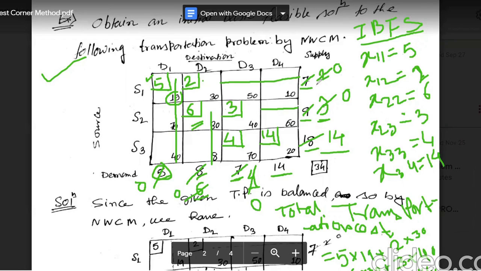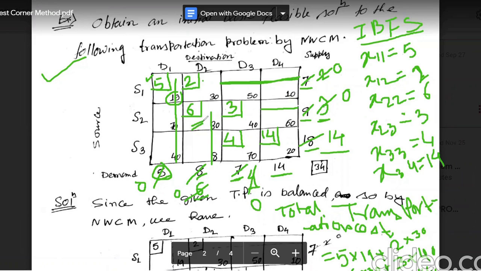No more quantity is left from S1 to transport to the other destinations, D3 and D4. So once the supply is exhausted, you cancel out that row. So we have cancelled out that row. Then you move to the next cell.